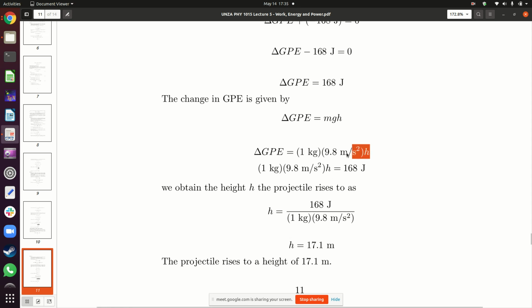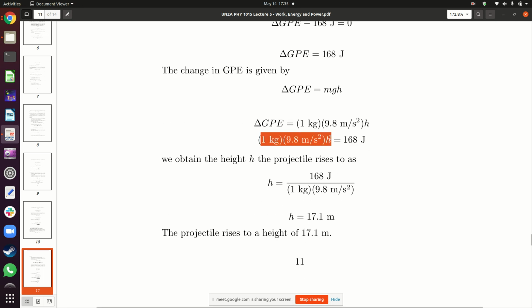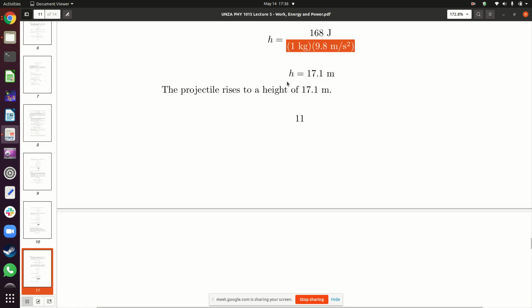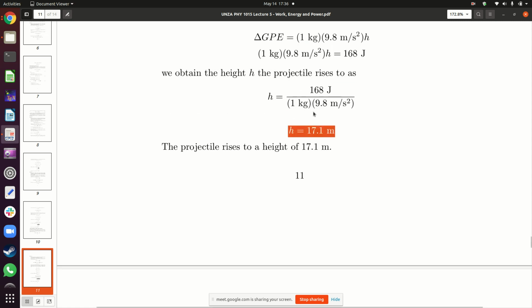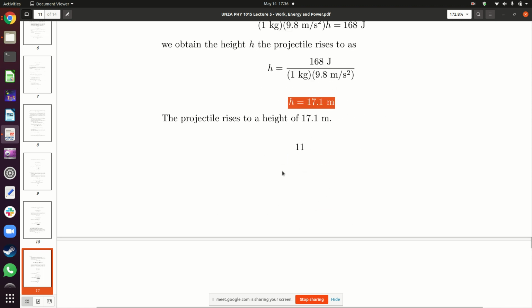When you equate this with the change we found, which is 168 joules, you can make h the subject of the formula by dividing both sides by 1 kg times 9.8. So the height h equals 168 joules divided by 1 kg and 9.8 meters per second squared. You get a height of 17.1 meters. So our projectile is going to rise to a height of 17.1 meters.